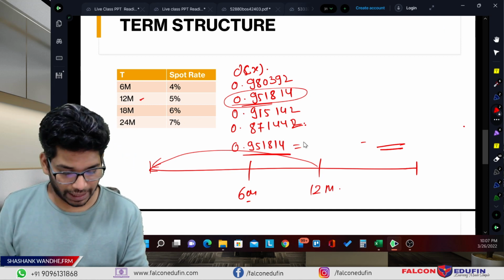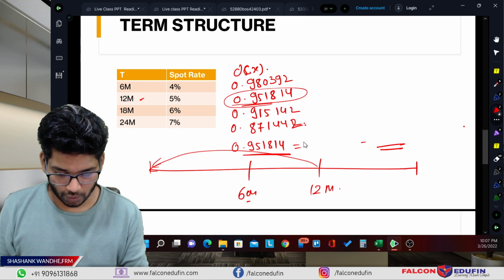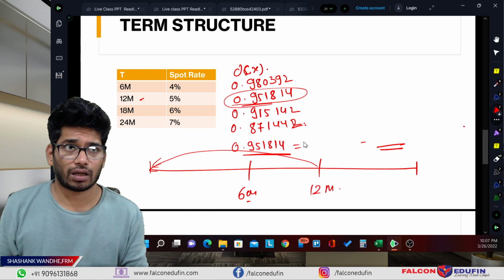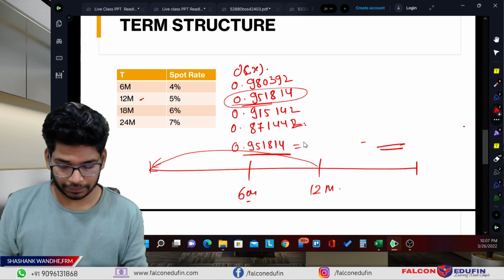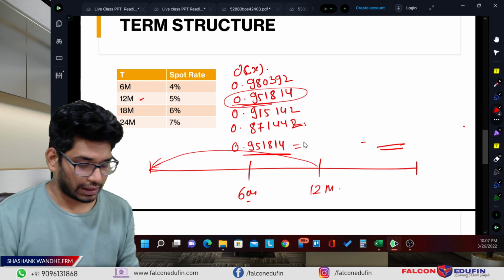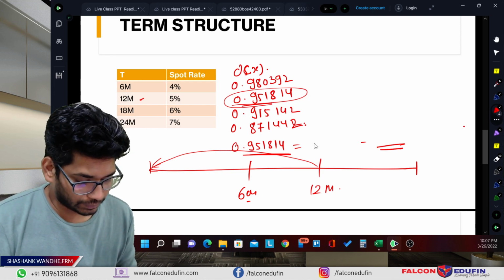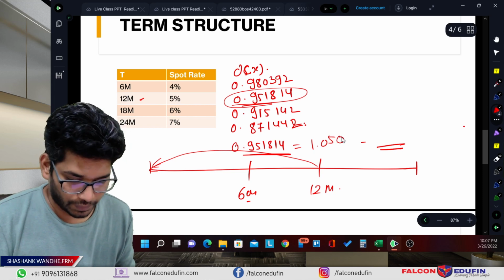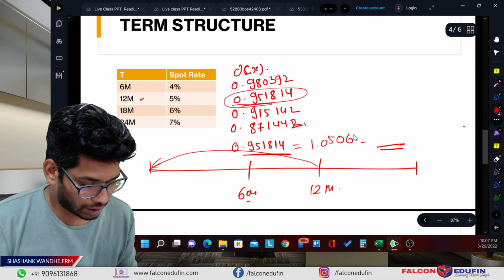So 1 divided by 0.951814, 1 by x, and then you will get 1.050625.